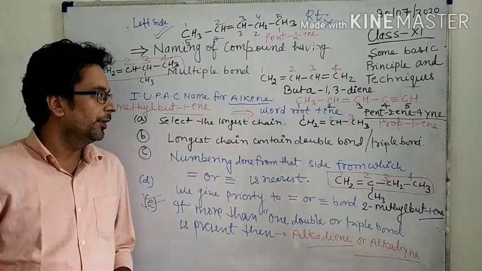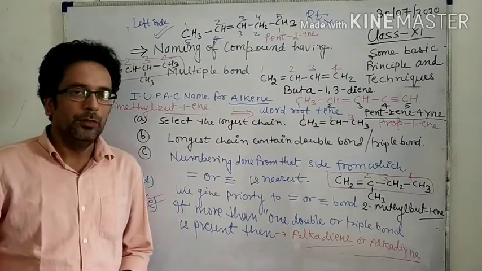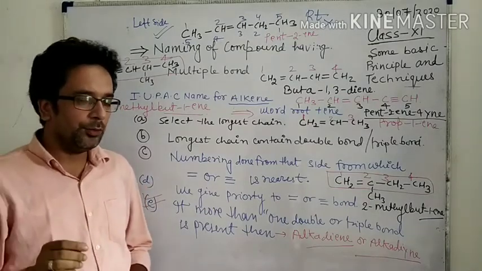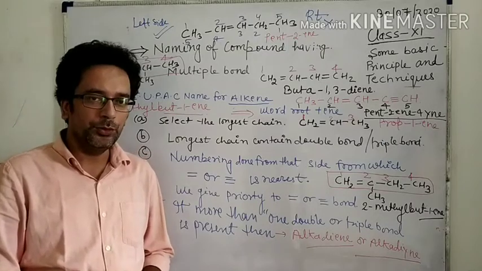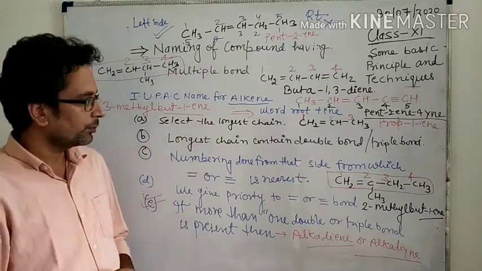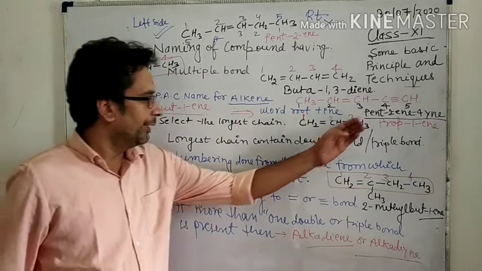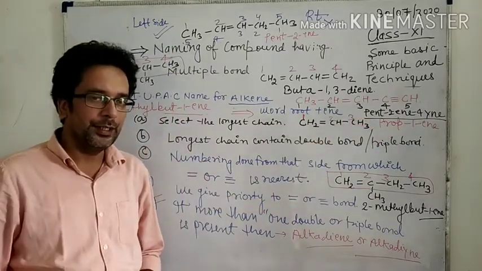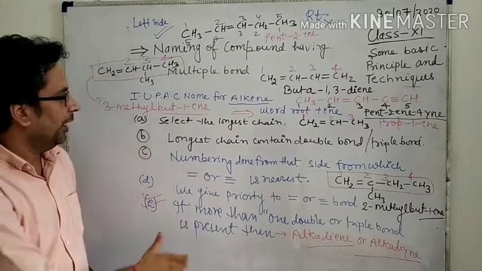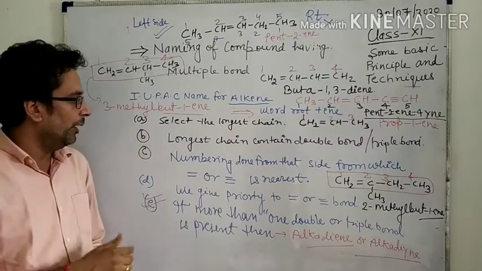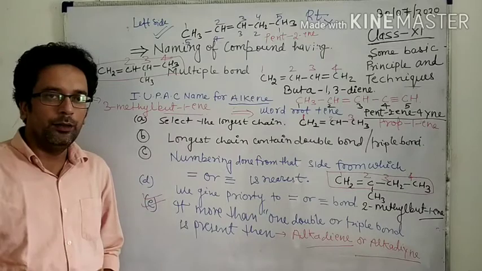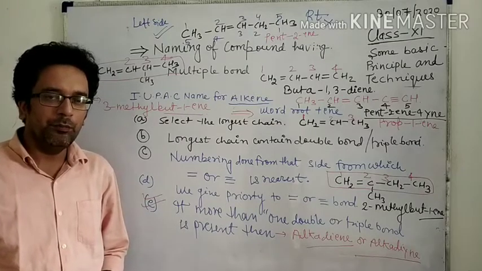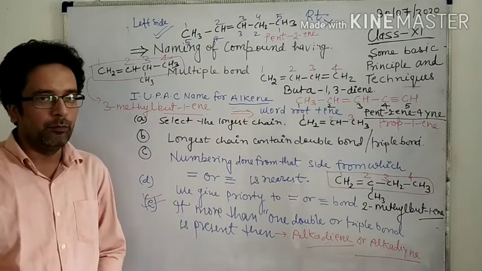This is the name of that compound. It means first you calculate the total number of carbons, the word root. Then use double bond ene and triple bond yne, indicating the position. So these are the points related to naming of organic compounds having multiple bonds.